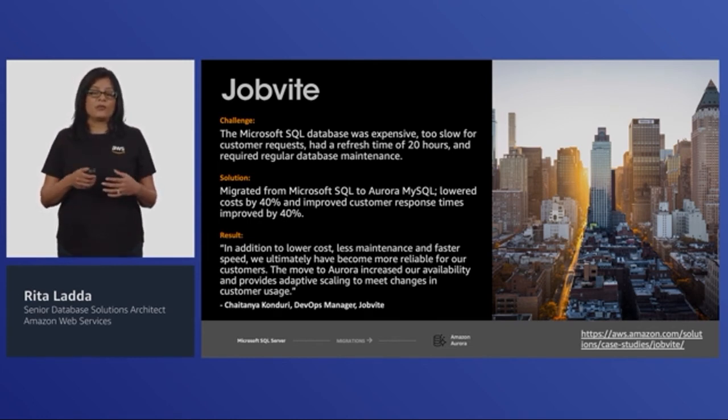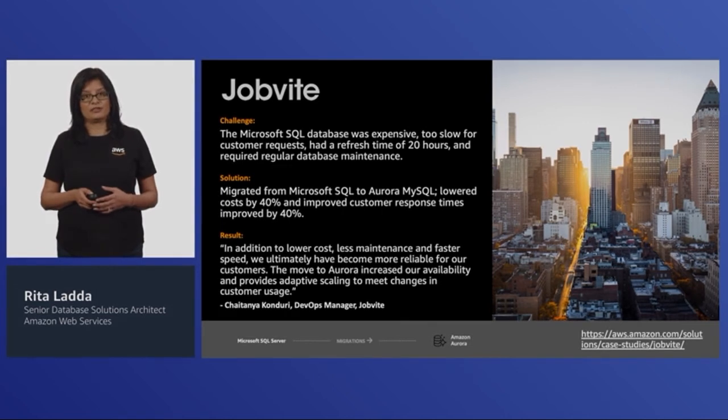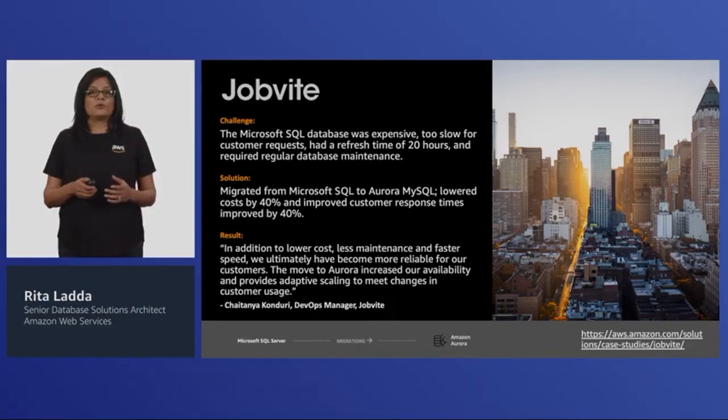They migrated from Microsoft SQL Server to Aurora MySQL, lowering their cost and improving response times by 40%. They eliminated monthly database maintenance and reduced refresh times from 20 to 2 hours. Overall, this improved reliability and availability of their application, leading to better user experience.